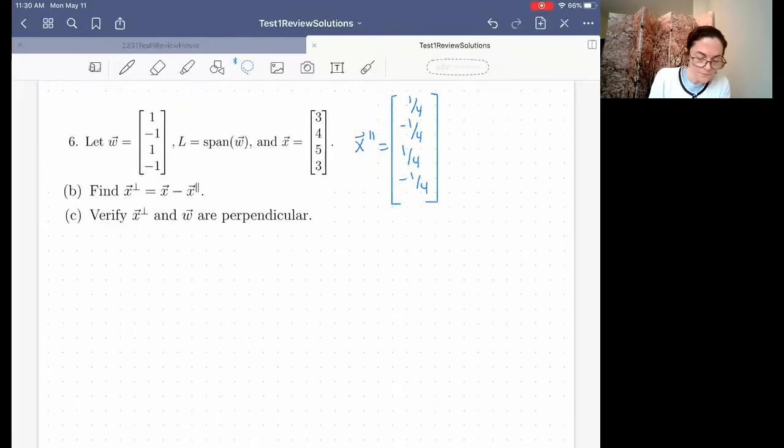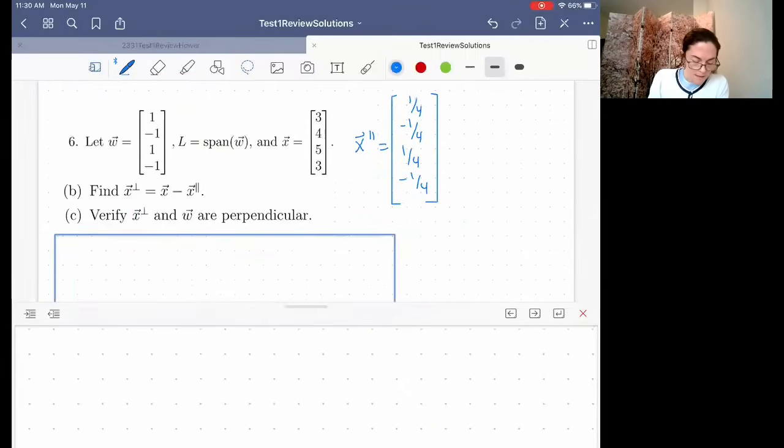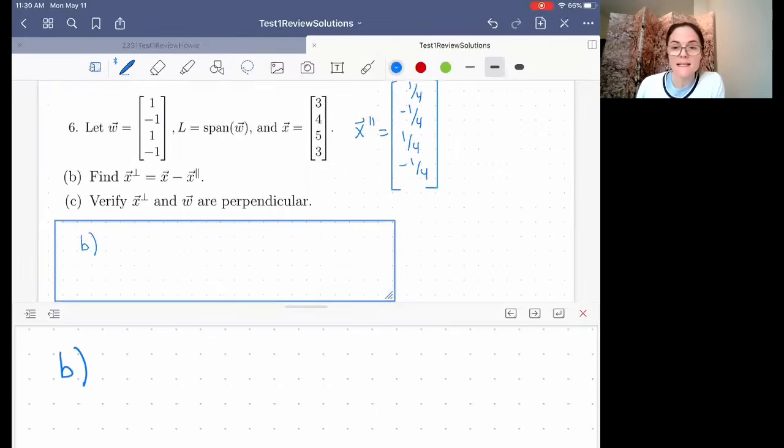Okay, so now let us begin part B. This is part B. This is the component of X that is orthogonal to the line. That's what this notation is.